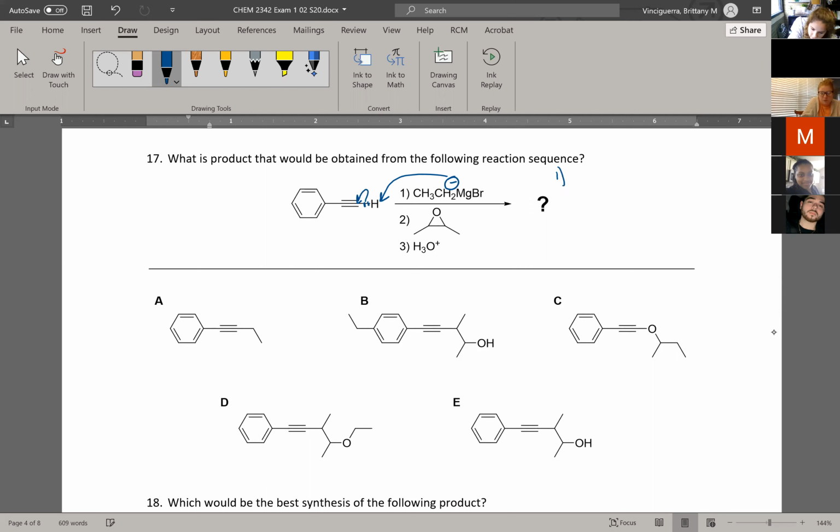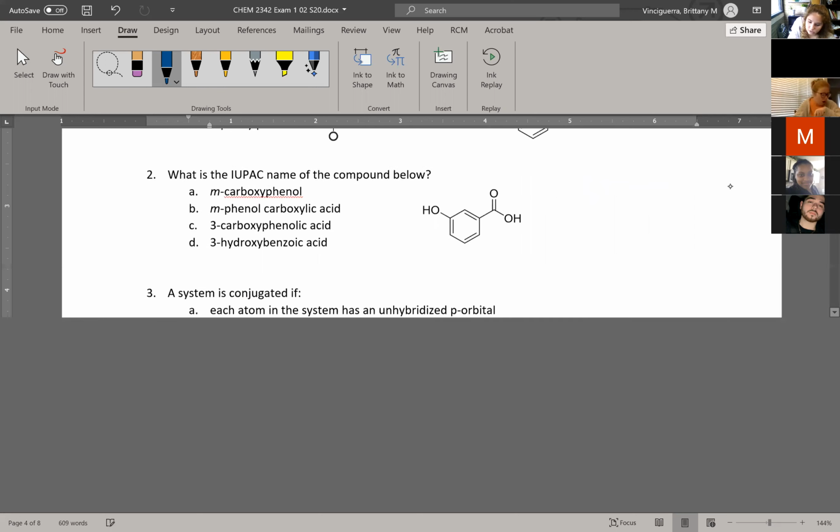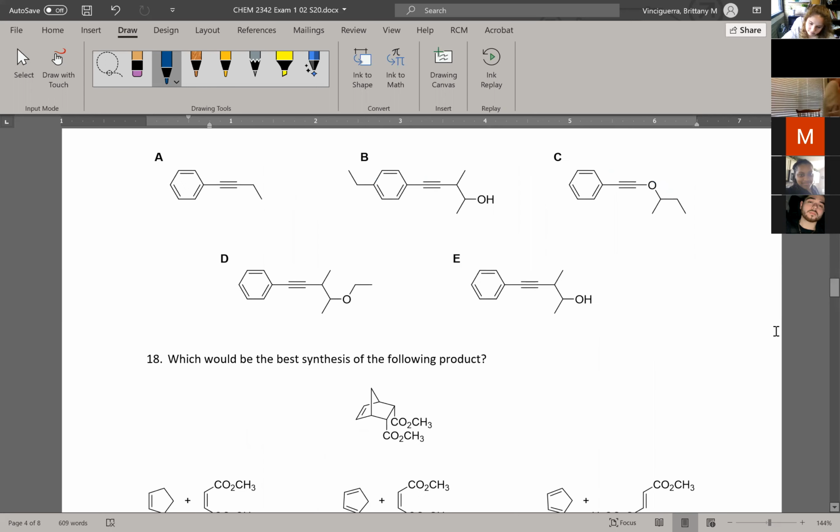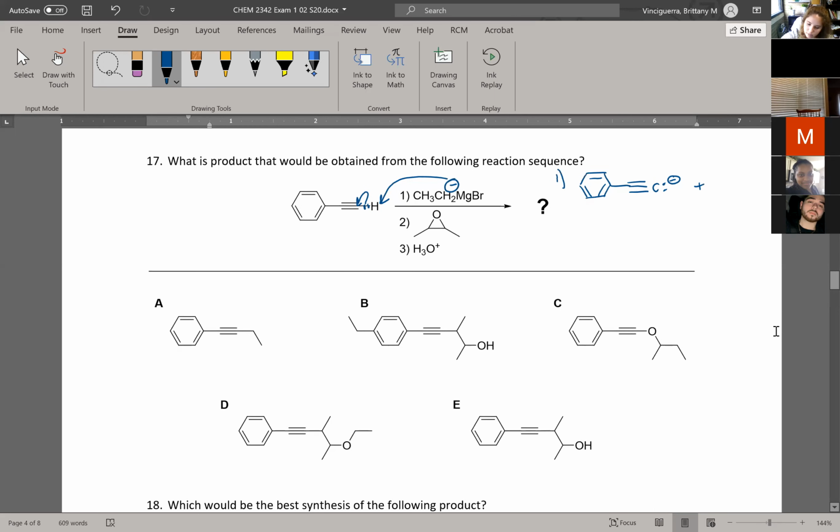So after step 1, we have this plus ethane. I was trying to draw a line to the hydrogen that we just added.